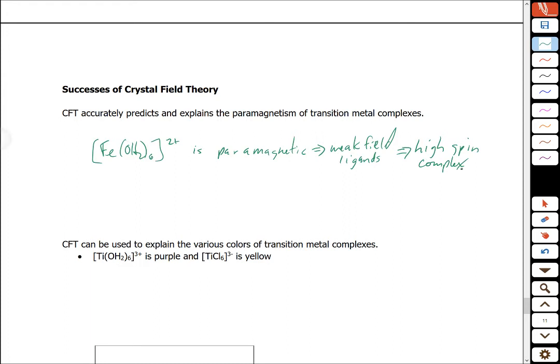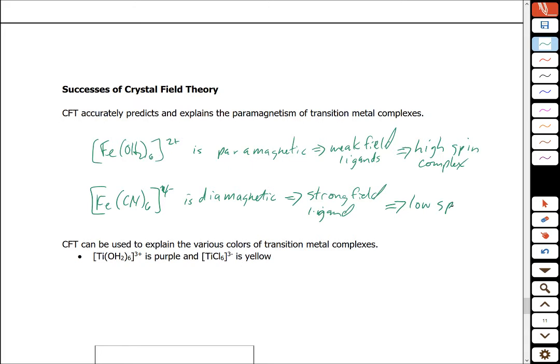Okay, and conversely, hexacyanoferrate 2 is diamagnetic because cyanide is a strong field ligand which gives a low spin complex.